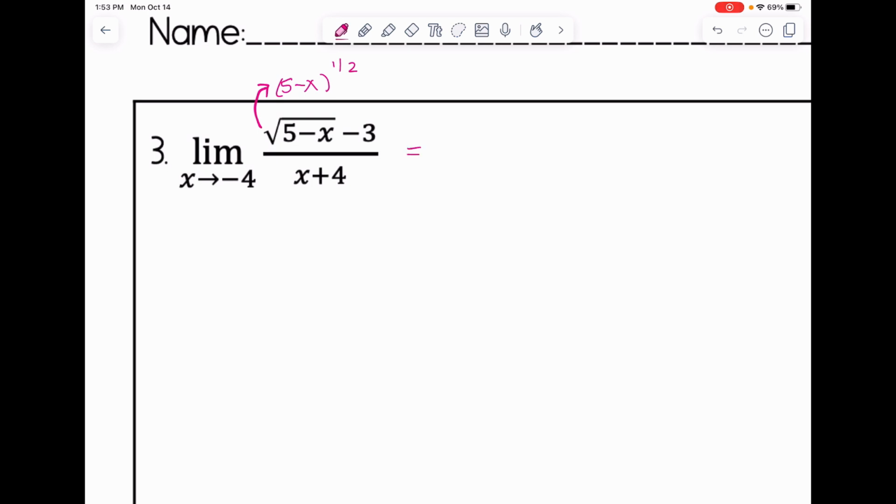Okay, so this is equal to the limit as x approaches -4 of 1/2 times 5 minus x to the -1/2 times -1, because that's the derivative of the inside. The derivative of -3 is 0, so we don't have to do anything with that.